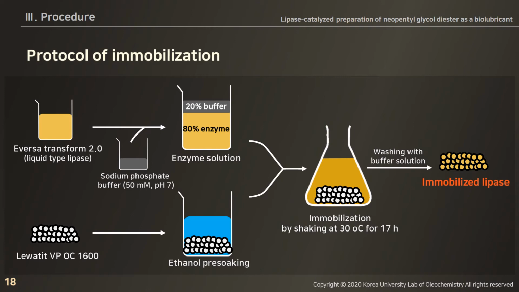Next, the mixture of enzyme solution and carrier was added to a flask, and it was placed on a water bath shaker for 17 hours. Then, it was washed with buffer solution. Finally, we can get immobilized lipase.